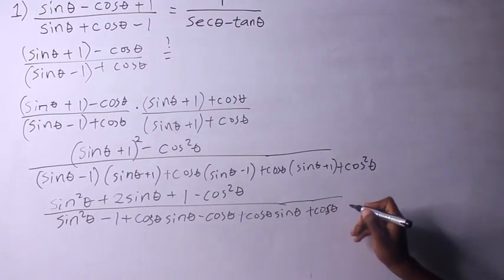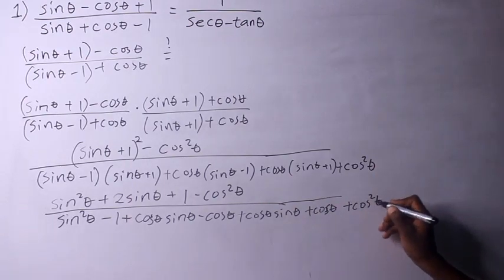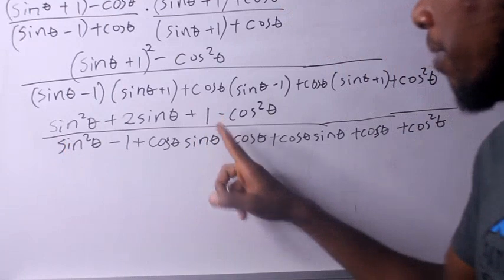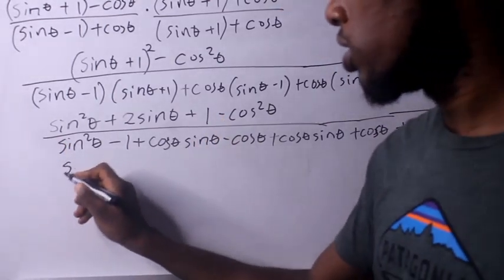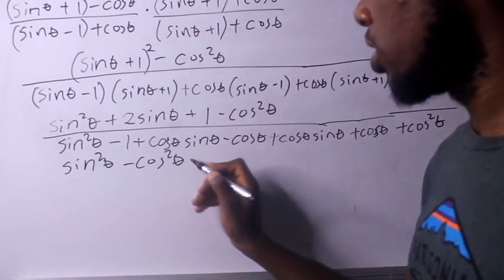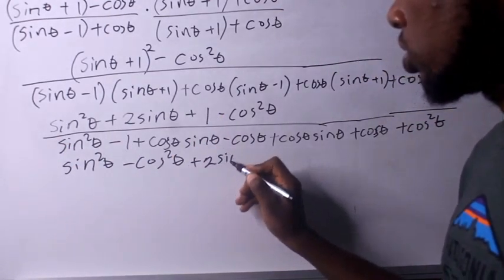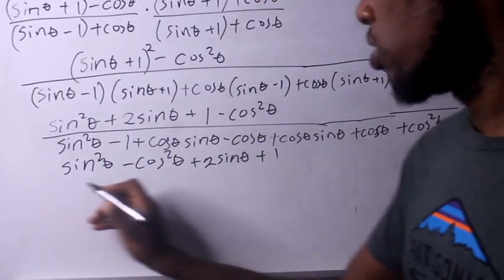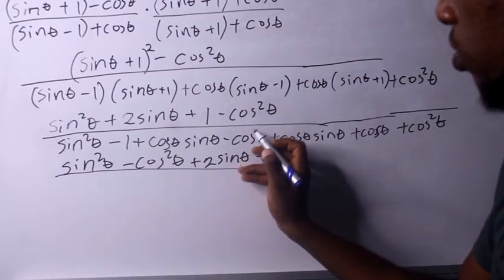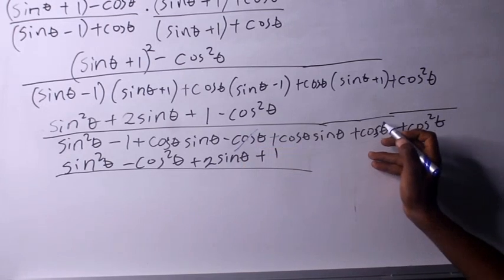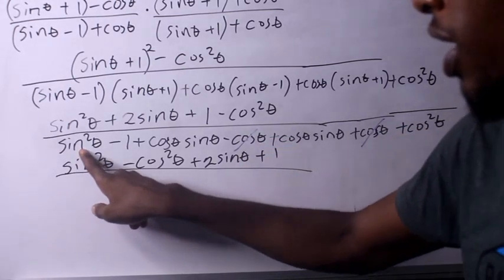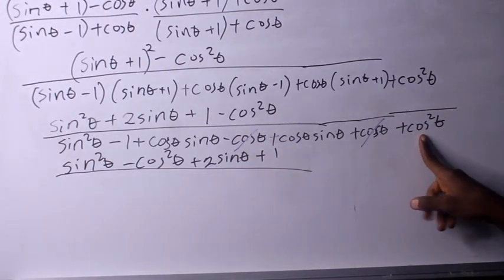And then we write plus cos square theta. So we are going to group sin square theta and minus cos square theta. So we say sin square theta minus cos square theta plus 2 sin theta plus 1, all divided by, here we have minus cos theta, we cancel out positive cos theta, and then we have sin square theta plus cos square theta, that's 1.